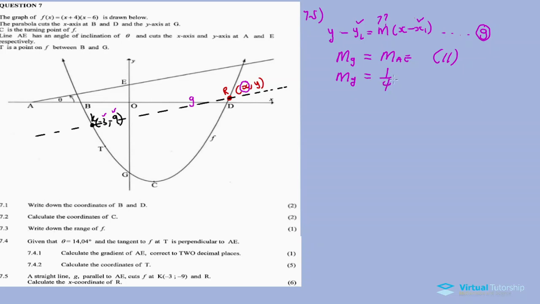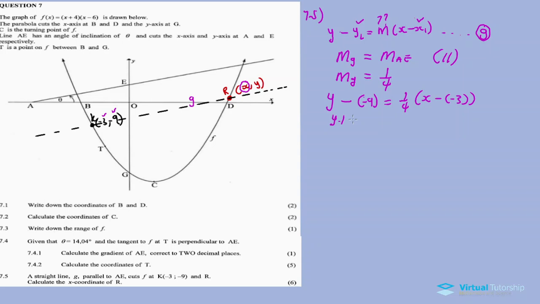Now if I plug in these values, the y1, the m, and the x1 into that equation, y minus 9 equal to 1/4 times x minus 3.